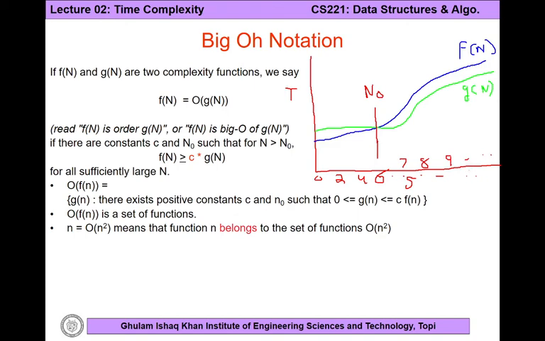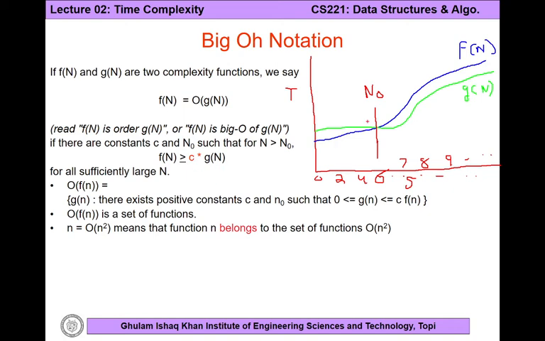After this particular point, f of n is always greater than g of n. Before this n naught, g of n is greater in terms of time, but after this n naught, the value of f of n is always greater than or maybe equal to, though the way I have drawn this line, it is not getting equal to. After this particular point, f of n is always greater than g of n.